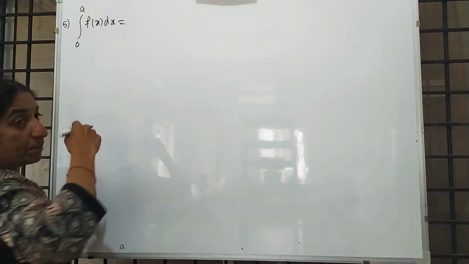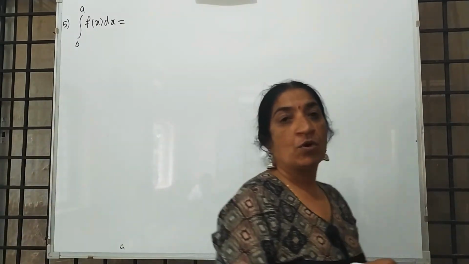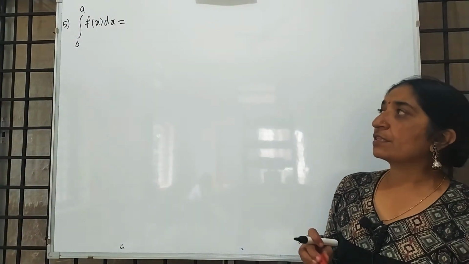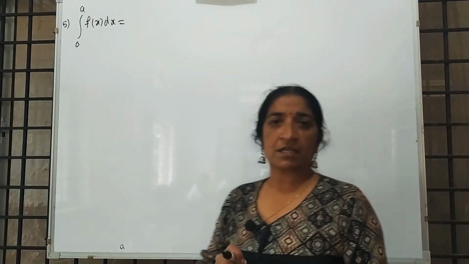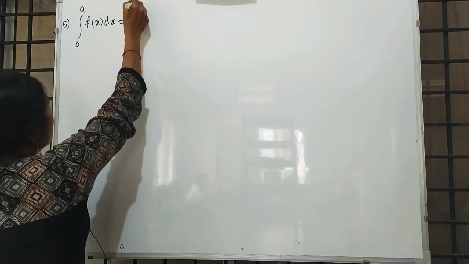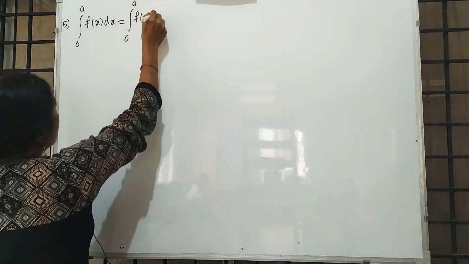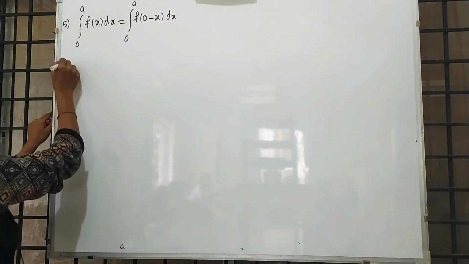Suppose you apply the previous property, lower limit plus upper limit minus variable. What is the lower limit? Lower limit is 0. 0 plus a minus x is what? a minus x. It is integration from 0 to a of f of a minus x, because the lower limit is 0. Write on the proof.